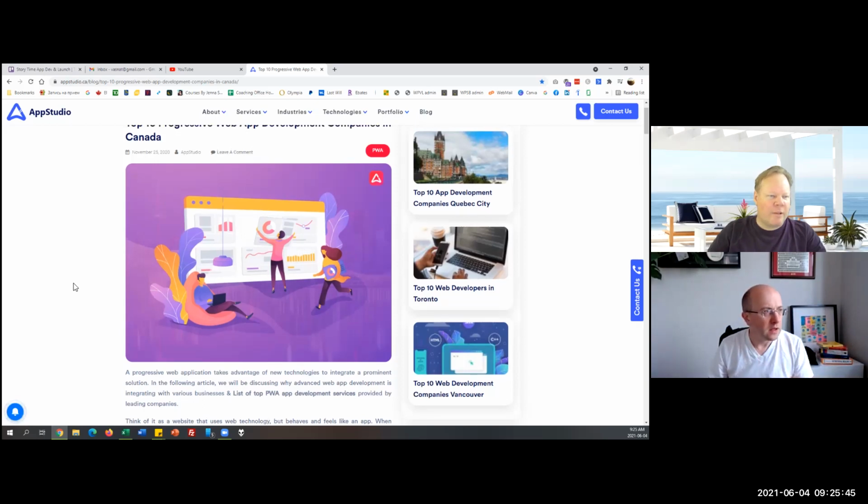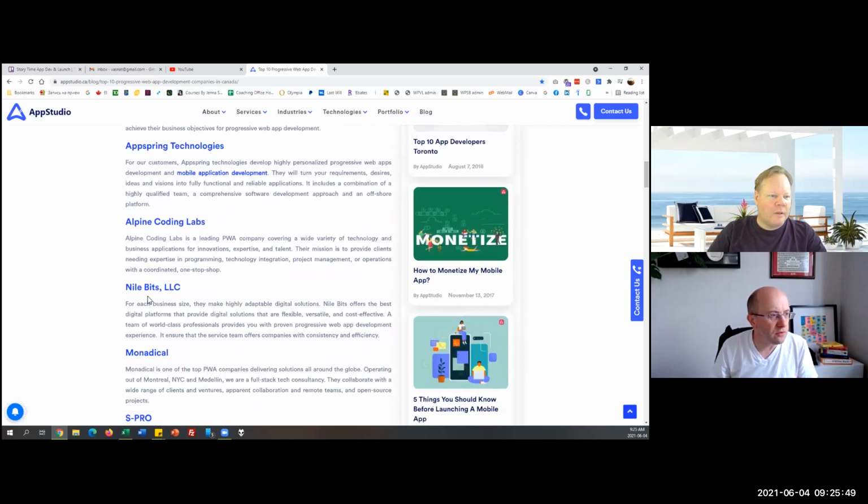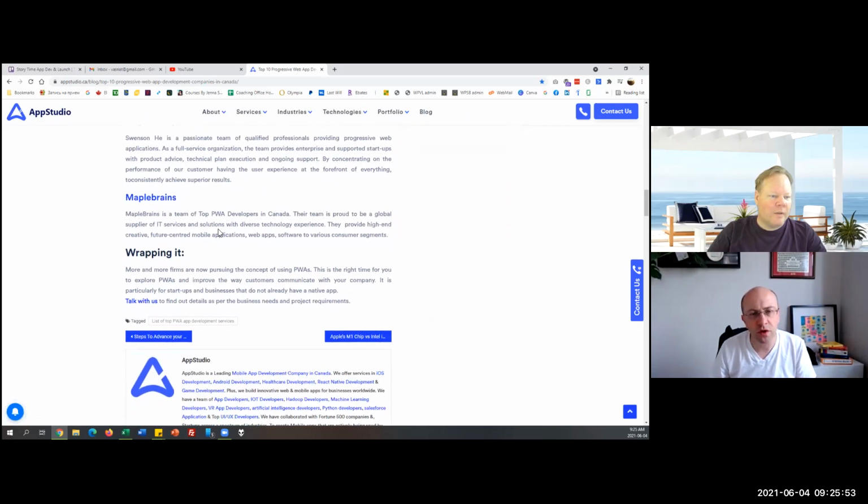So this is app development. I was just looking through companies. Most of them do not have pricing, but these are all Canadian ones. There are a lot of people in Pakistan and India who are offering developing a PWA for 289, which I do not buy, obviously.